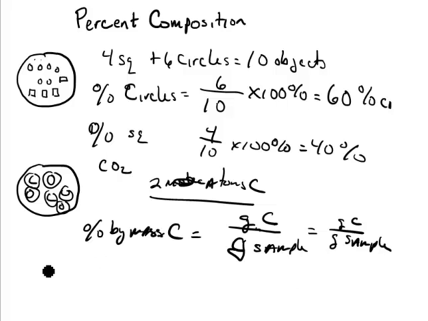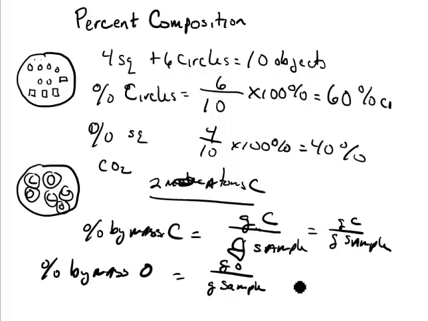And it's going to be a ratio. And then the same thing is going to be true for O. So we're doing percent by mass. O is going to be grams of oxygen per grams of the sample. And in this case, because it's a binary compound, it's going to total 100%.